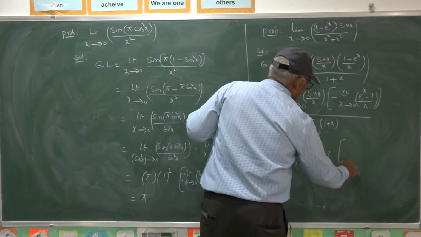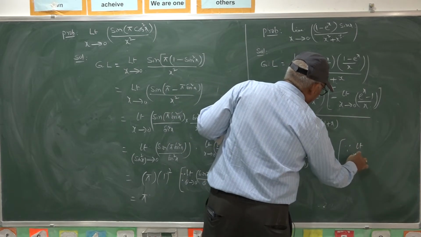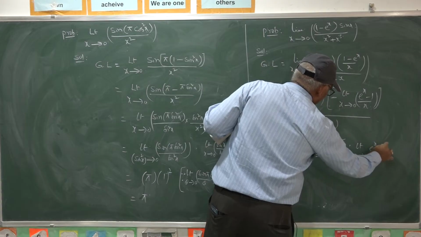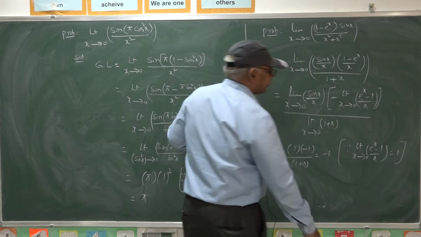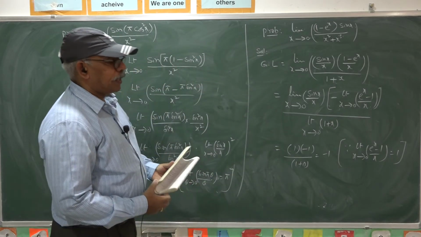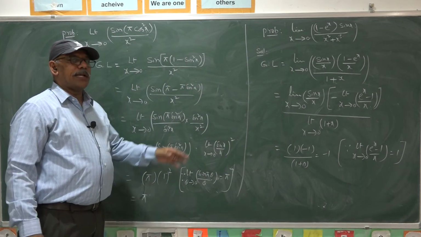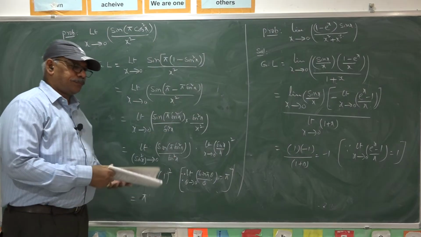So here the applied formula is limit as x goes to 0 e power x minus 1 by x is 1 itself. That is also one important formula related to the exponential function, already given to you.